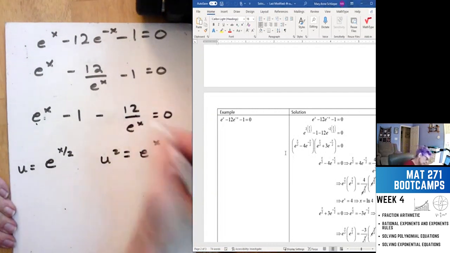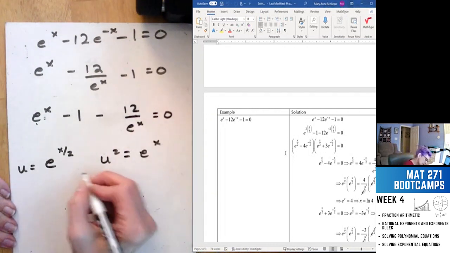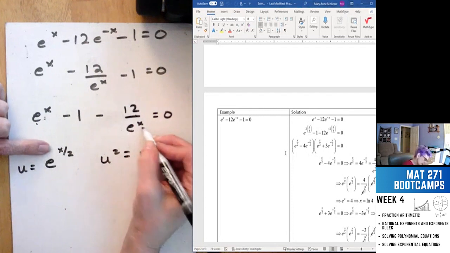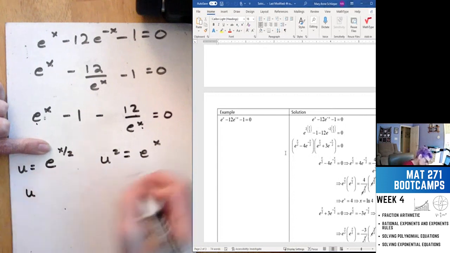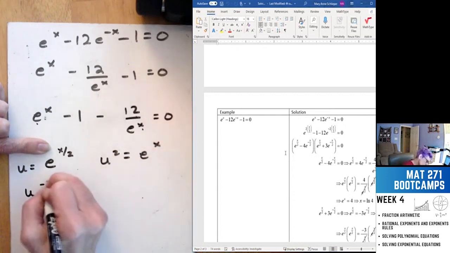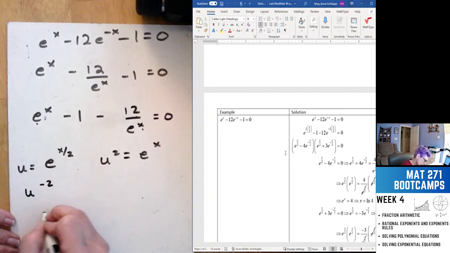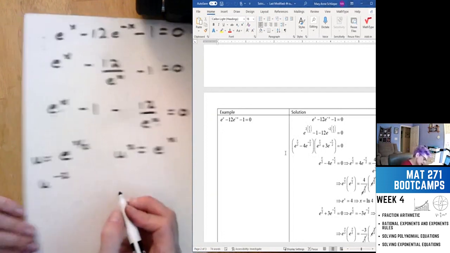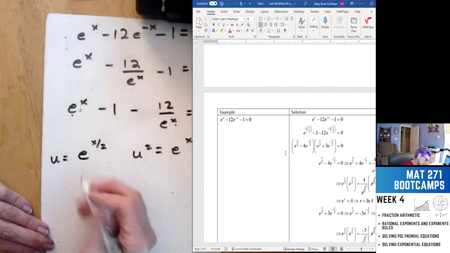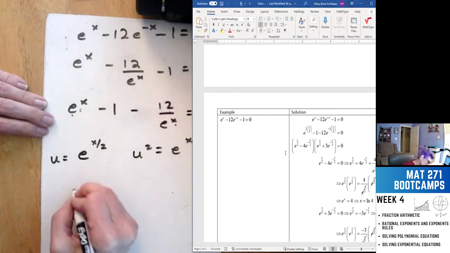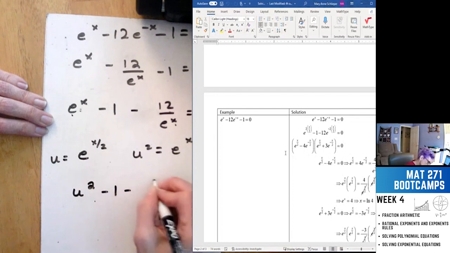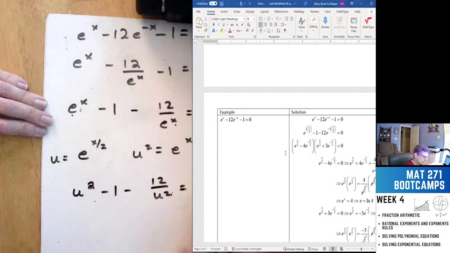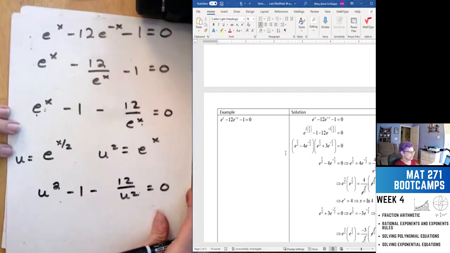So then this e to the negative x would be equal to u to the minus 2. So I could let u be equal to e to the x over 2. I'm going to have u squared minus 12 over u squared equals 0.